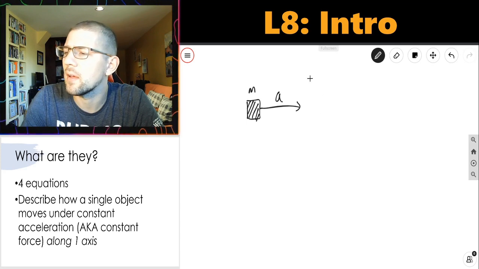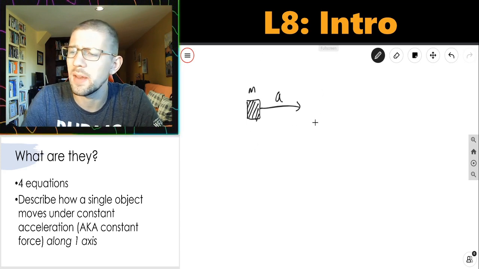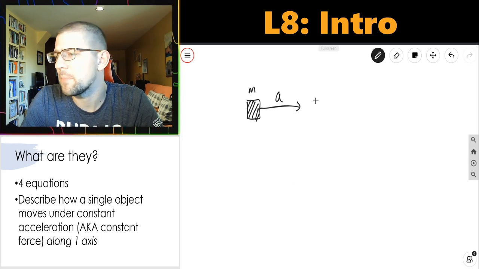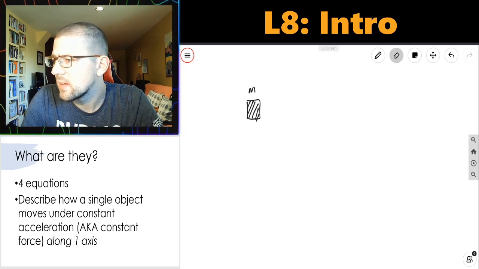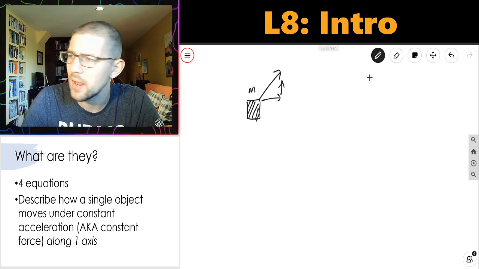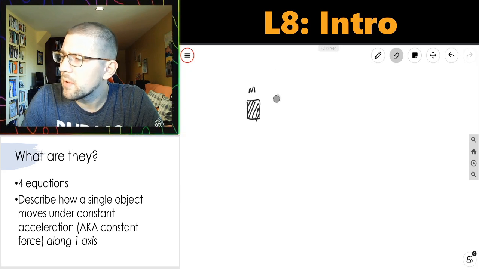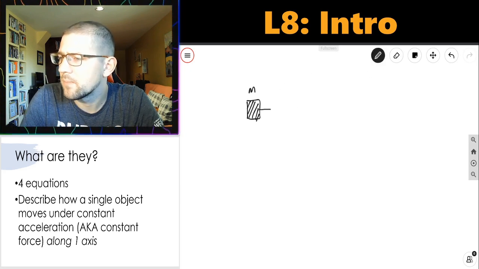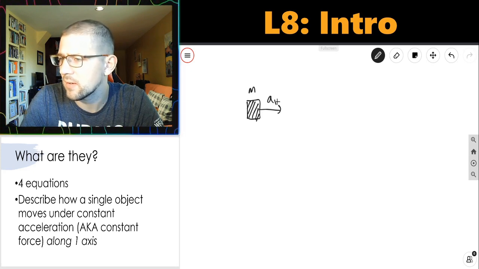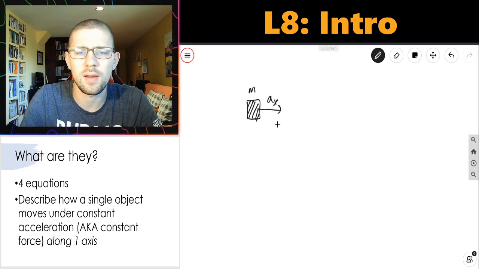Now, these equations, the 4 equations I'm going to show you in a minute, work along single components. So for example, say I had an acceleration that was going up and to the right. I could decompose that into its x and y components, yada, yada, yada. We only care about one component at a time when discussing the kinematic equations. So I'll just say here's a in the x direction, the component that's in the x direction for the acceleration.